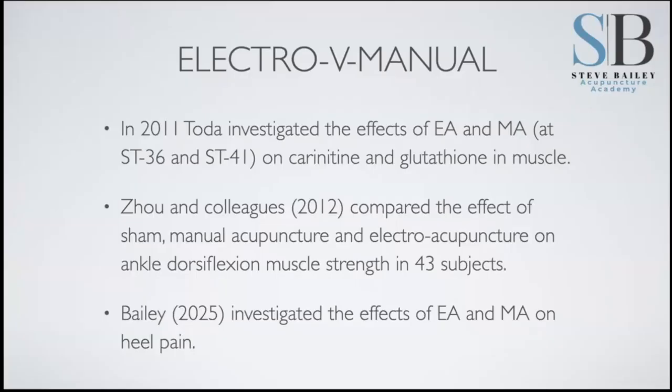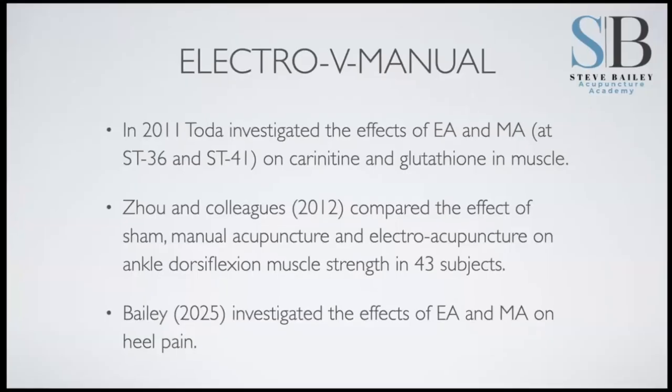And what they found was manual acupuncture was far more effective with regards to enhancing muscle strength in comparison to electroacupuncture. Again, that was also shown by Zhou and colleagues in 2012. They found manual acupuncture was more effective at enhancing ankle dorsiflexion muscle strength in comparison to electroacupuncture.